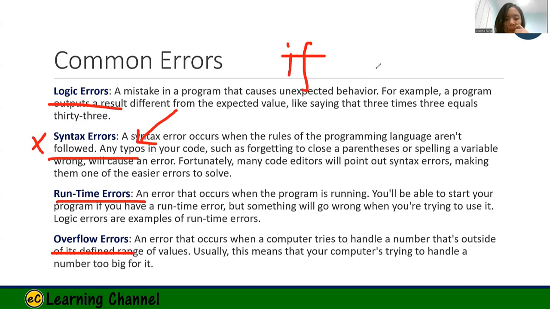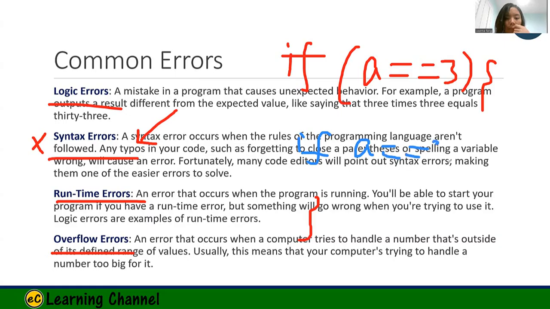For example, if you write if A equals 3 in parentheses and curly braces, sorry, you are wrong because this is JavaScript format. It's not Python. Python uses if A equals 3 and a colon. They don't use curly braces. So that would be called a syntax error.